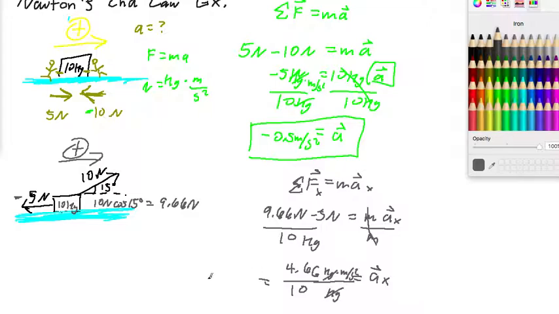Kilograms cancel out. So your acceleration is 0.46 meters per second squared. And it will be going to the right, while the previous one was going to the left.